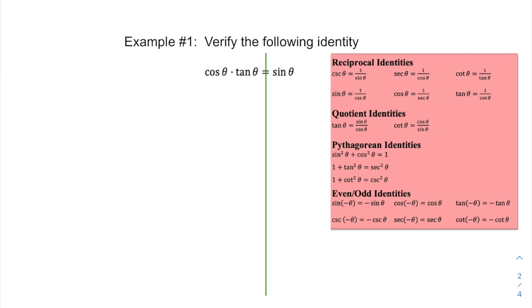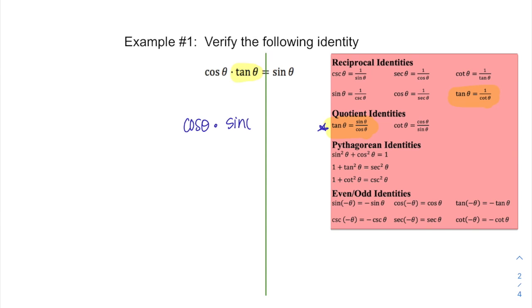What I notice about the left-hand side is this tangent, tan theta. Our first recommendation for how to verify is to turn everything into sine and cosine. Tangent is not sine or cosine, so I'm going to go look in my red box. I see that tangent's equal to 1 over cotangent, and I also see that tangent is equal to sine over cosine. I want to try to turn everything into sine and cosine, so I'm going to work with this sine over cosine one. The cosine theta is going to stay the same.